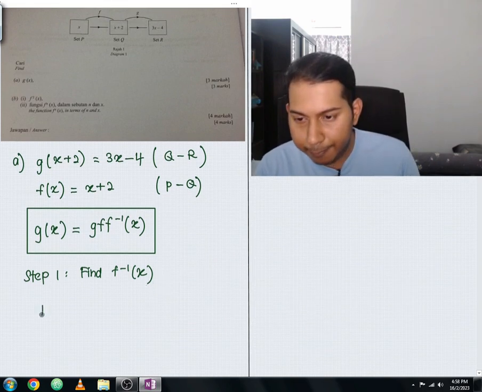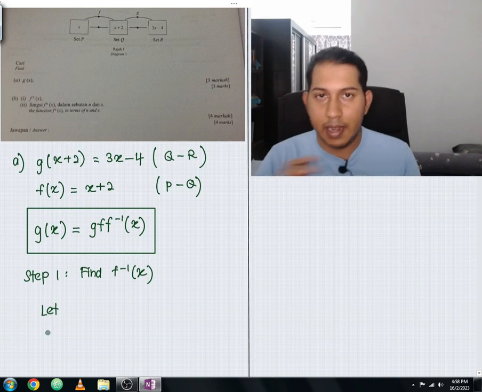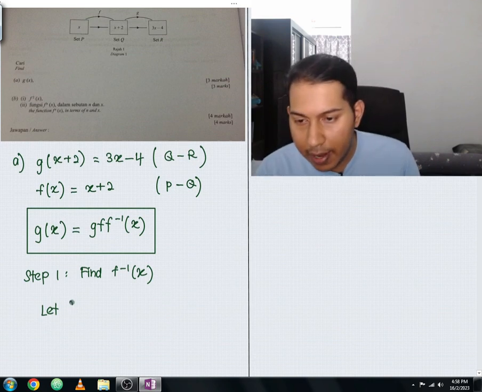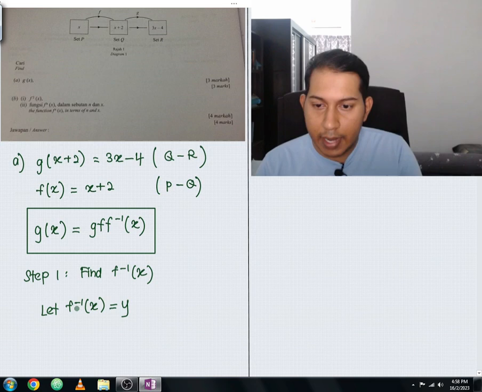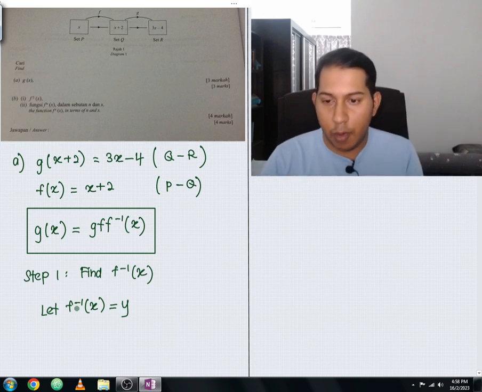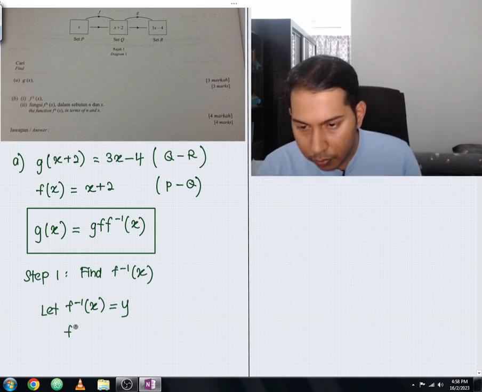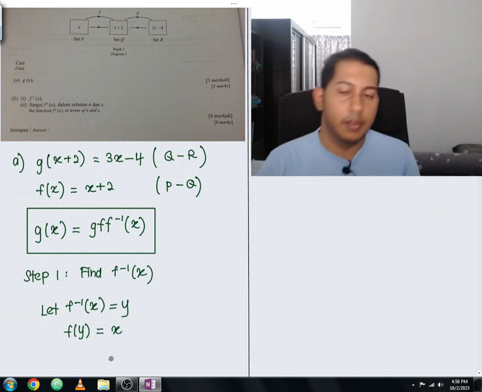It is a standard inverse question. We're going to let f inverse x equal y. This inverse we move to the right hand side, and it becomes the function f(y), equal to x.